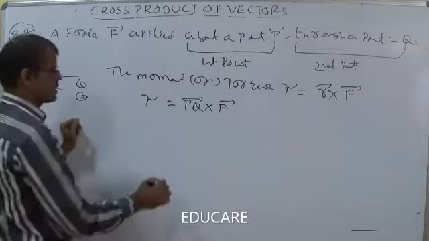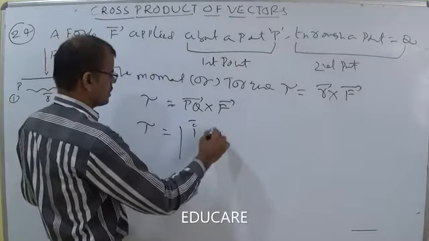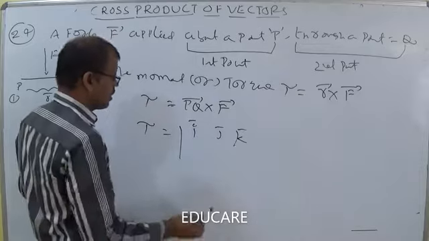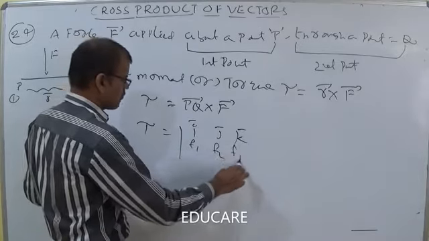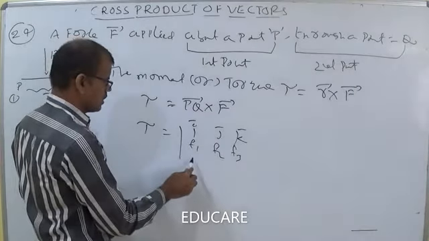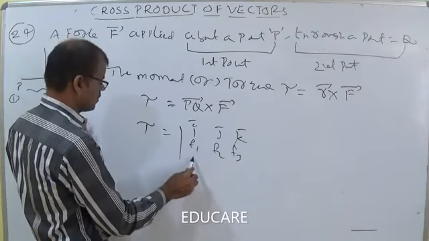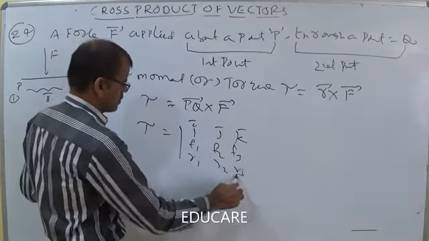OQ minus OP concept. So torque tau is equal to, you can write here i j k, and if F is indicated with F1, F2, F3 and R with R1, R2, R3, R cross F.